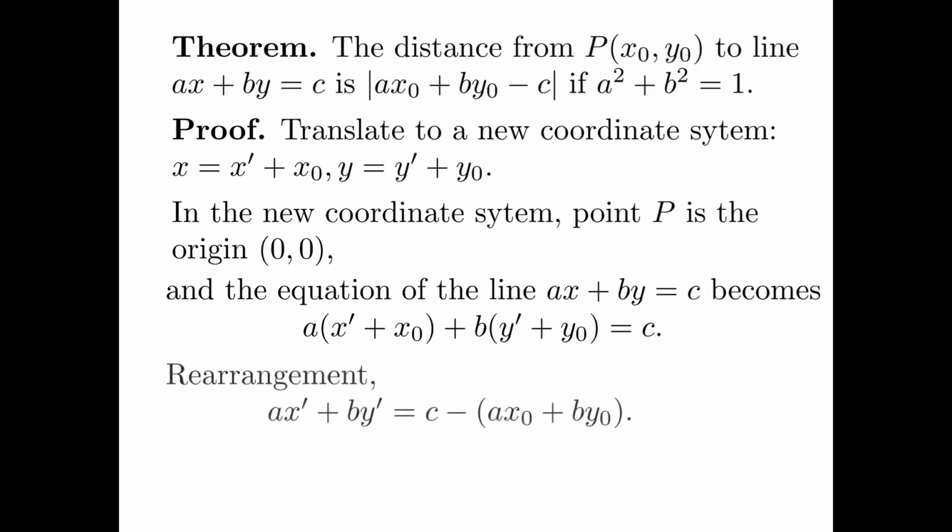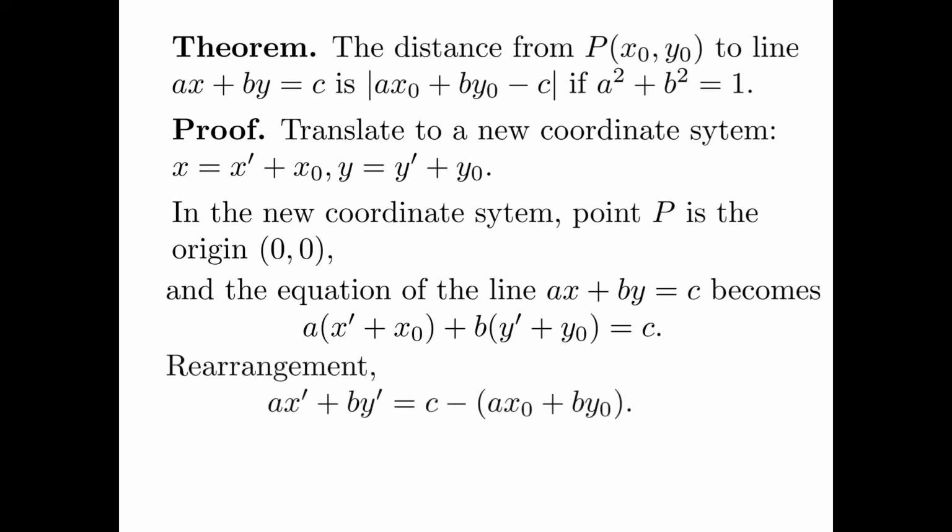We simplify it: ax prime plus by prime equals a constant. This time, the constant is c minus (ax0 plus by0). This is also in standard form in the new rectangular system. I'm sorry, this is the normal form.